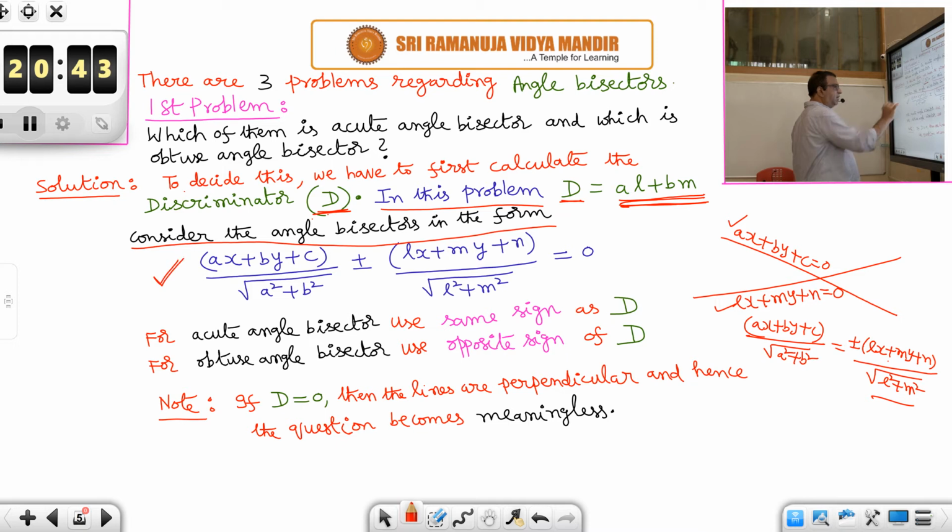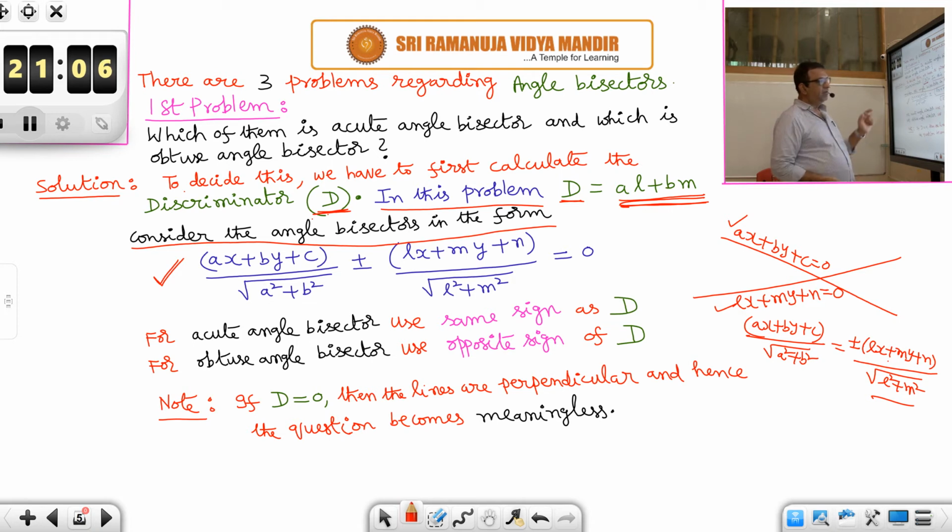We have to take the angular bisectors in this form. Both lines on the same side of the equation sign. Only 0 on the right side, remaining two lines on same side only. AX plus BY plus C by root of A square plus B square plus or minus LX plus MY plus N by root of L square plus M square is equal to 0.